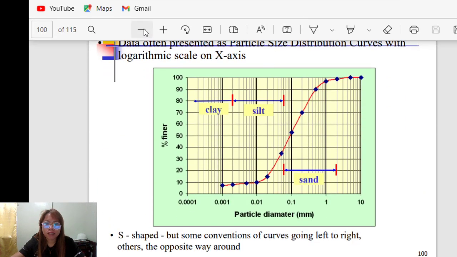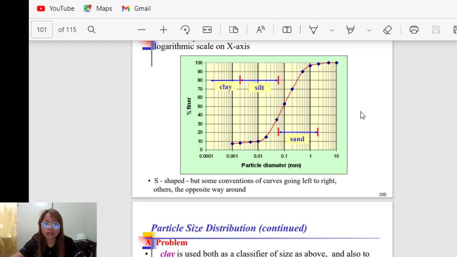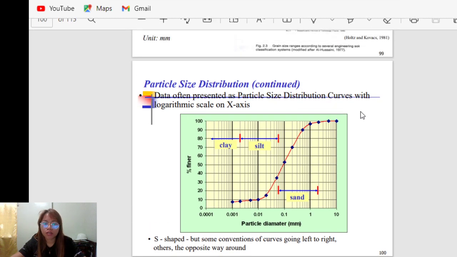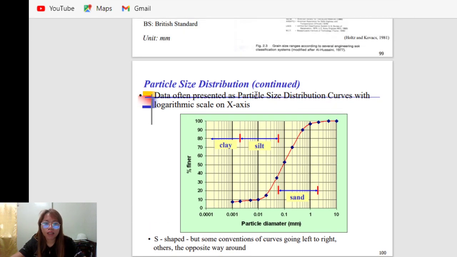We have this particle size distribution. Data is often presented as particle size distribution curves with a logarithmic scale on the x-axis. We have the particle diameter on the x-axis in millimeters, in logarithmic scale, and the percent finer, meaning the percent that passes a specific sieve, that is percent passing, also called percent finer.